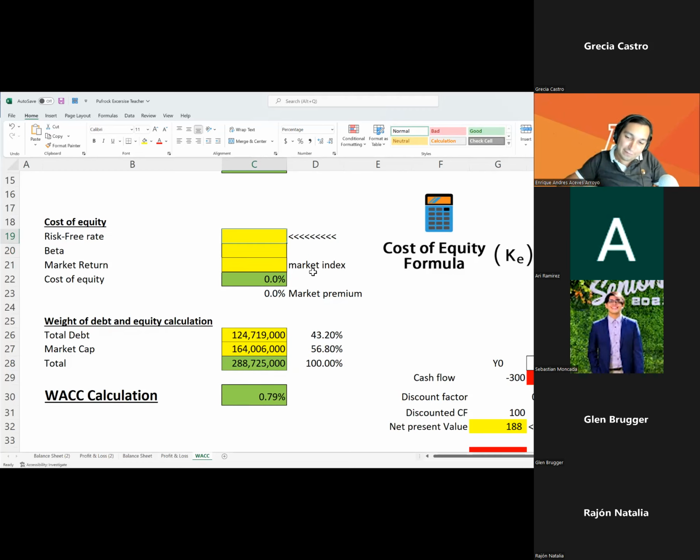Risk-free, the treasury bonds. Yes. Where do you find the treasury bonds rates? In the rate of return? Where do you find the interest rate that the treasury bonds pay? No, CETES is for Mexico, but Bloomberg says, right? You tell me, what is the risk-free rate?